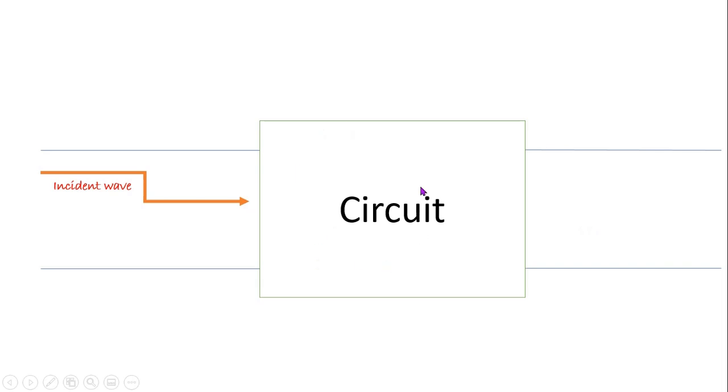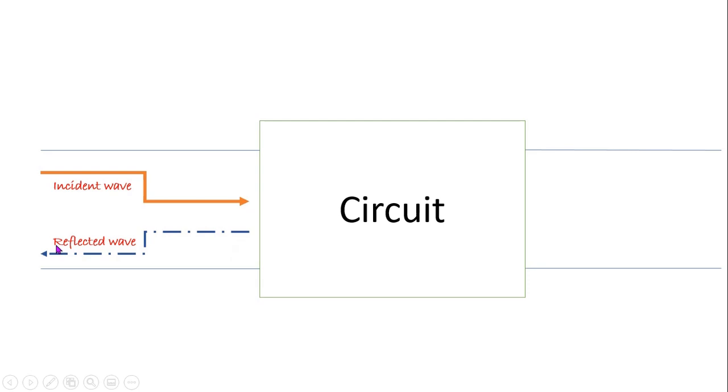We don't know what is inside this black box, and let's assume that we have given a signal to this circuit, and this signal we'll call the incident wave. From basic electromagnetic theory, we know any wave, when it is incident on a circuit or any surface, should get reflected. Perfect.